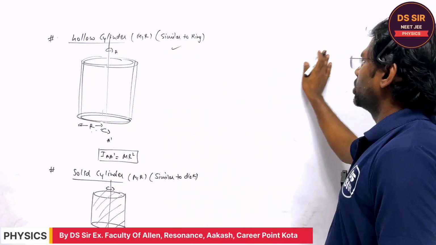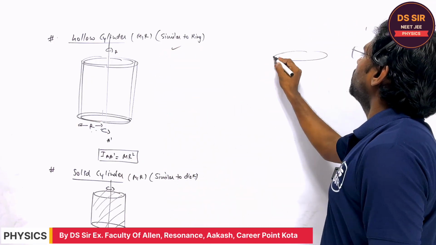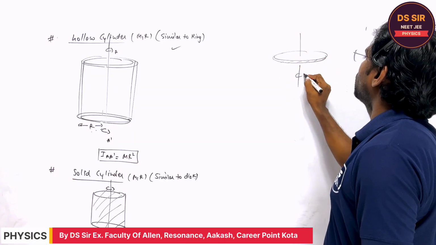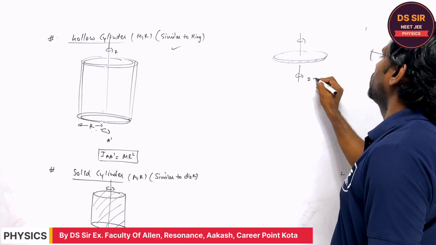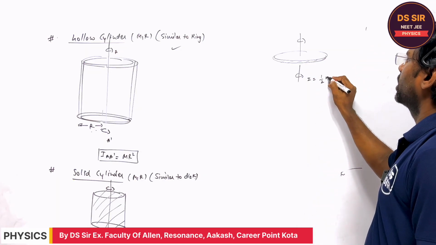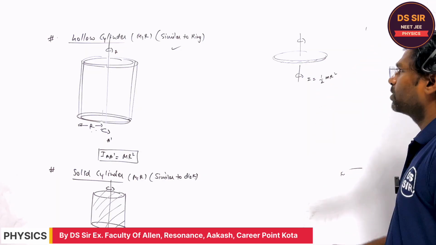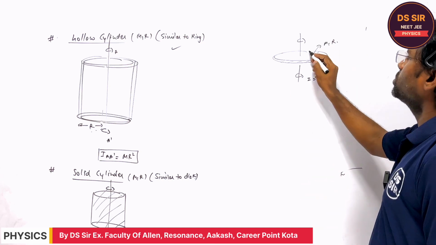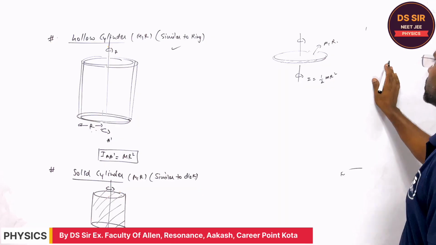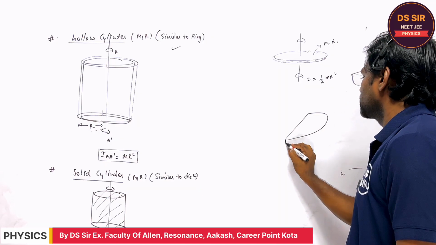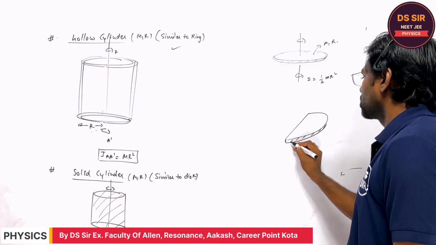You tell me, what is the moment of inertia of the disk about this axis? Say, yes, mr square by 2, right? The mass is m, the radius is r. Suppose I cut the disk like this, this is the semicircular disk.